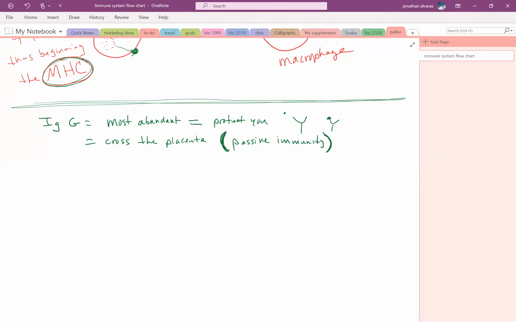But if it's passive, so mom gave this stuff to baby, it crosses the placenta. Another one where you see this that's really good is breastfeeding, right? The colostrum. Lots of good immune stuff in the colostrum. So those of you who might be doing obstetrics, labor and delivery and all that, I understand, I get it.